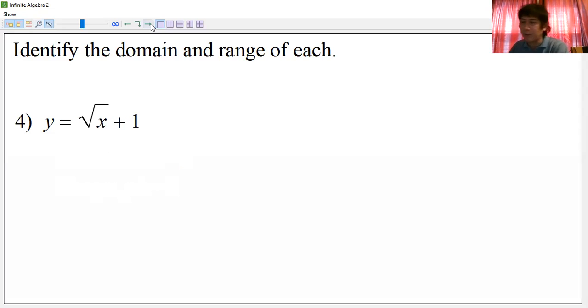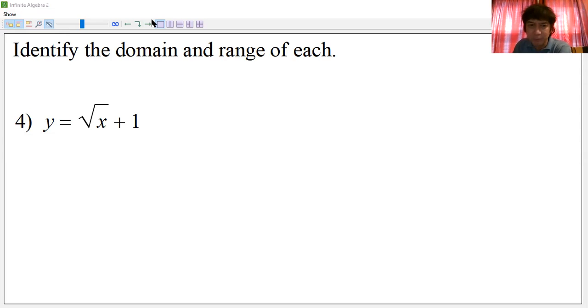Here's number 4. It looks rather simple. We have here y equals the square root of x plus 1. I can already see the answer, but we will have to do some explanation before that. So let's proceed to the paper.